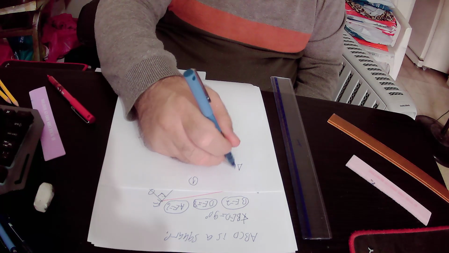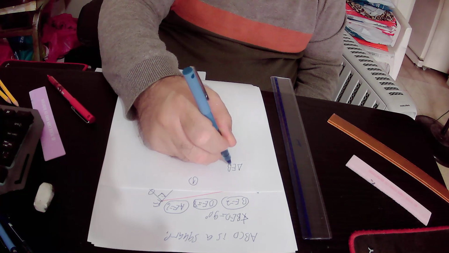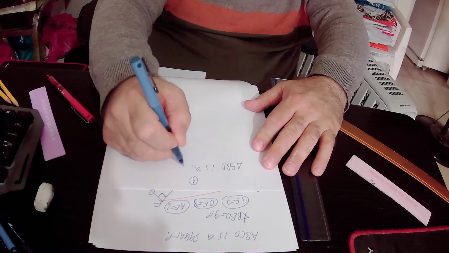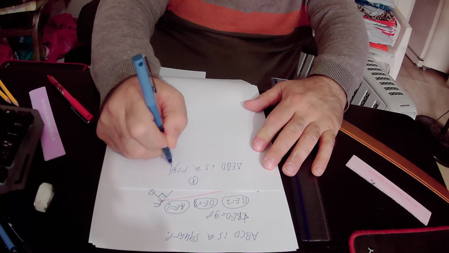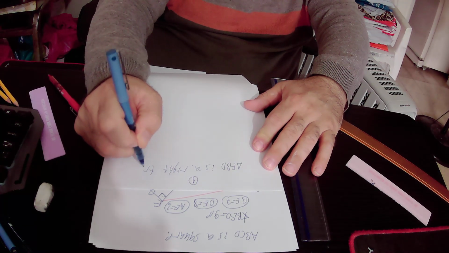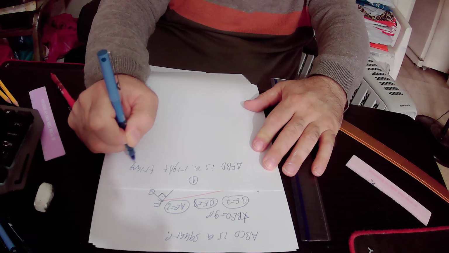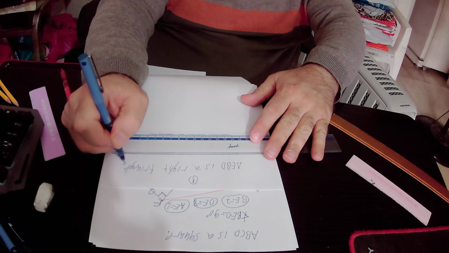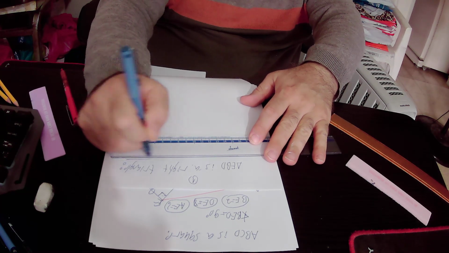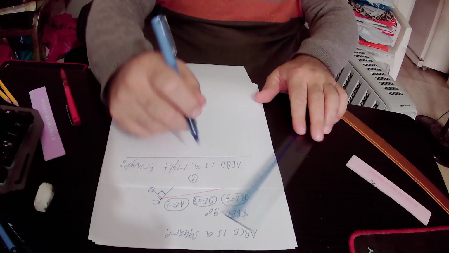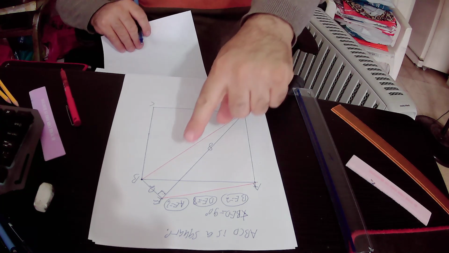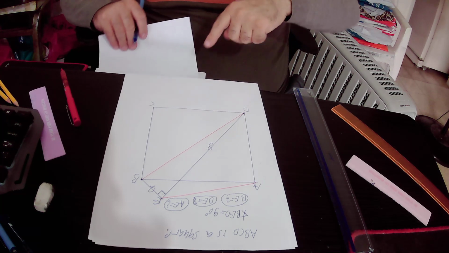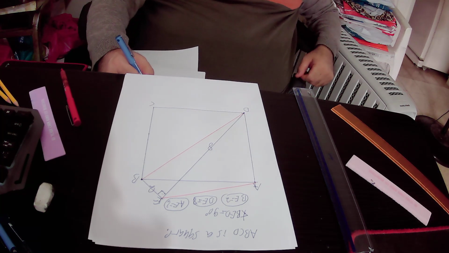Because triangle EBD is a right triangle, we can implement the Pythagoras theorem in the right triangle EBD.